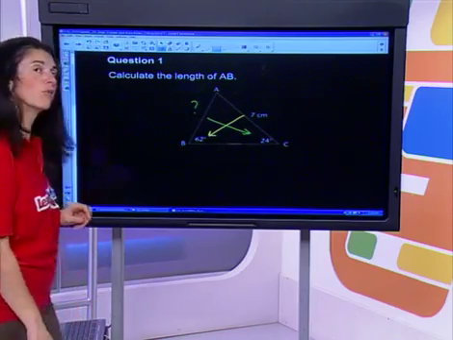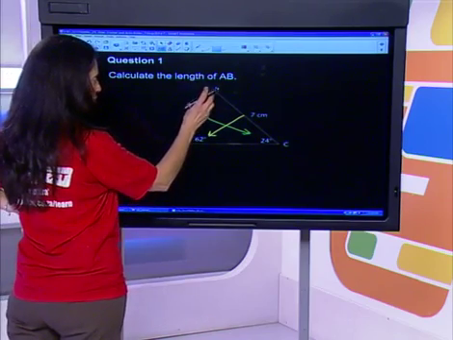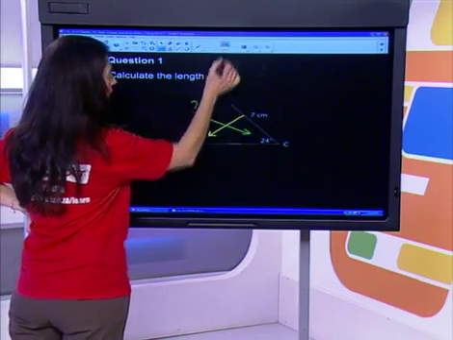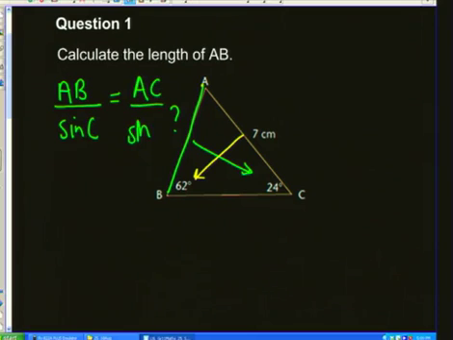So cos rule only SAS or SSS. But the sine rule is when the information is opposite each other. So grade 11s, the sine rule, how does it work? You can always start with what you don't know, and we don't know AB. So we will start with AB. So AB divided by sine C, the angle opposite AB, would equal AC divided by sine of angle B. So that is the information that I'm given.